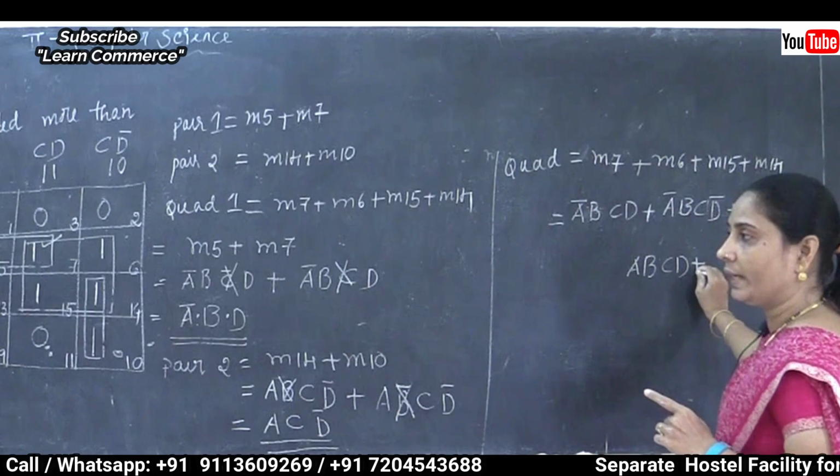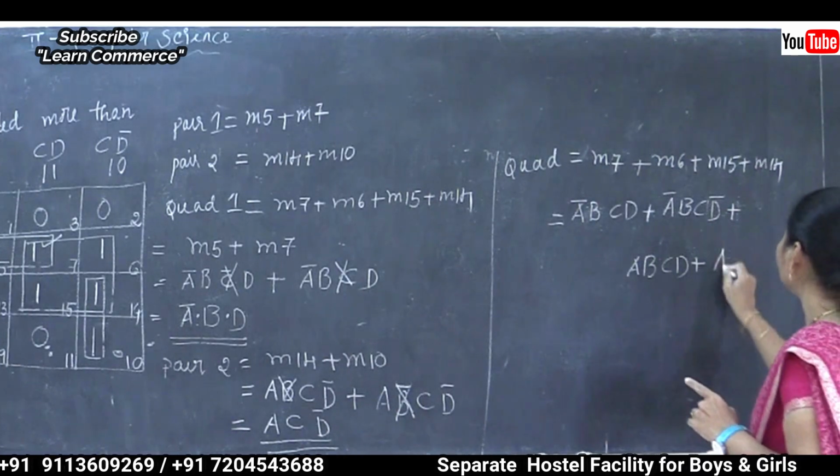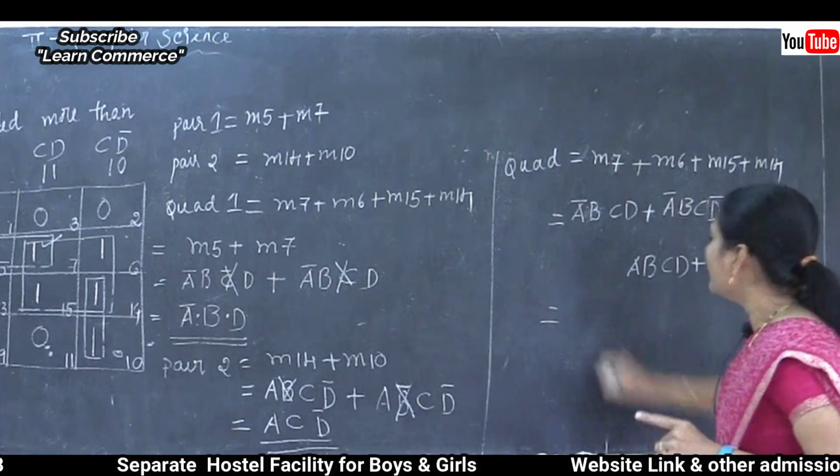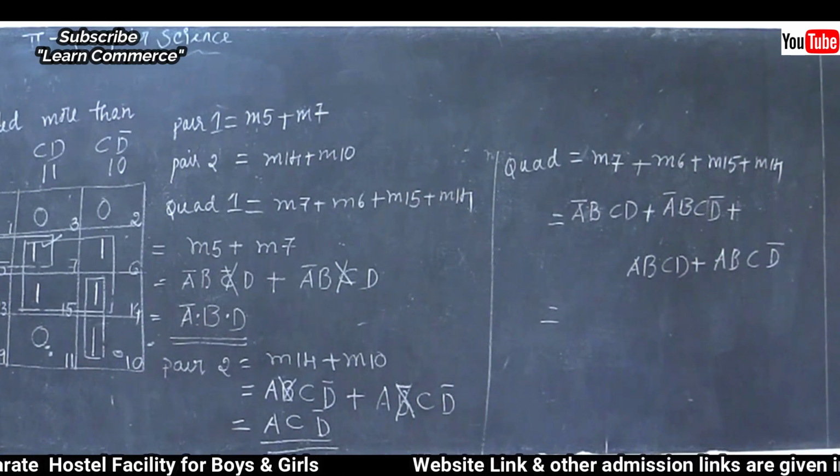Plus after that again I want to take the 14: A, B and C complement D. So all those values we need to take here.